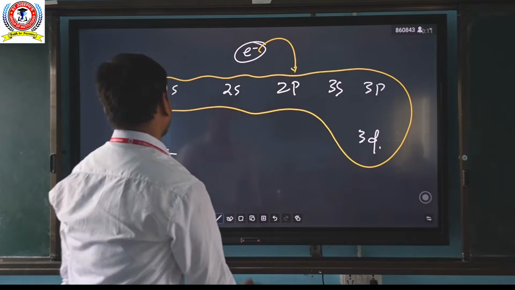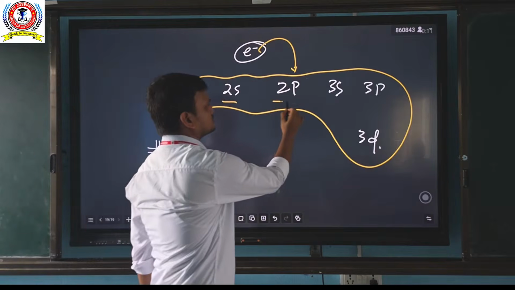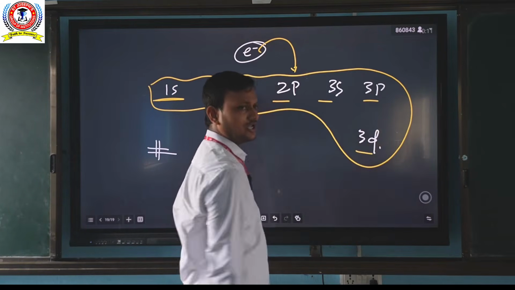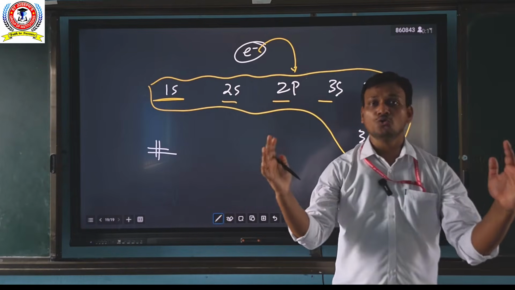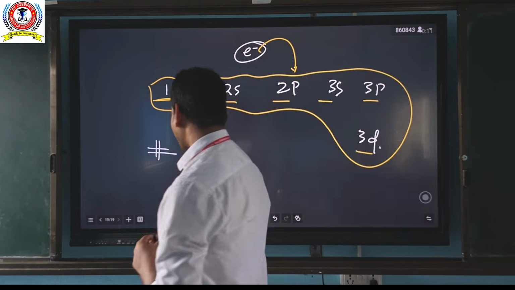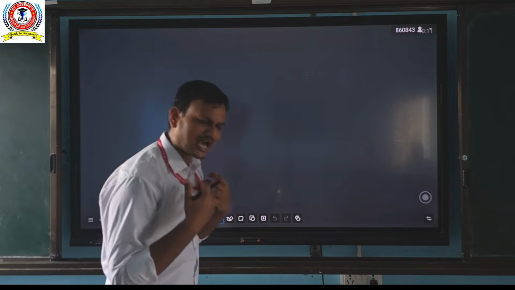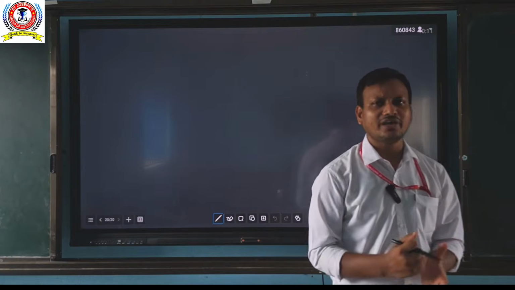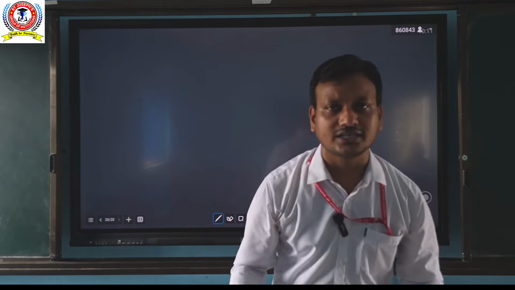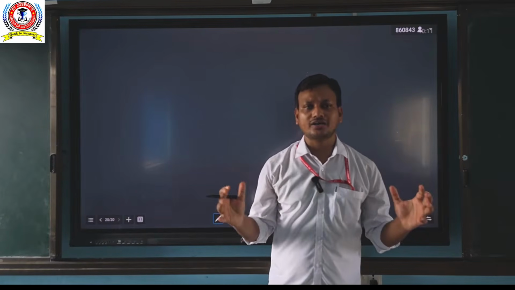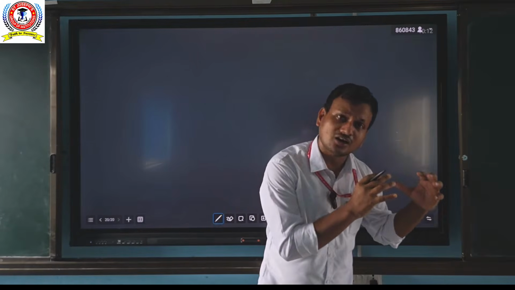That means we have to calculate which of 1s, 2s, 2p, 3s, 3p, and 3d has lower energy. Students, tell me how to calculate who has lower energy and who has higher energy. Again I repeat, the above gives the idea about the energy concept.